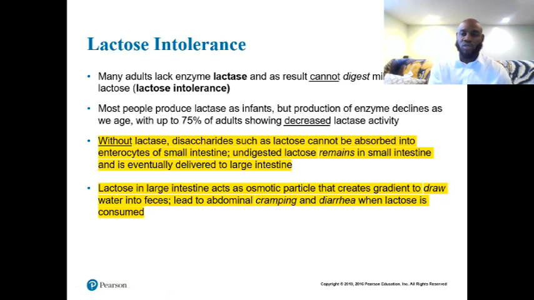Remember, in osmosis, water moves in the direction of the highest concentration of solute. So the lactose in your intestines causes water to move into the intestines to try to dilute it. Therefore, you have more water in your feces, and abdominal cramping and diarrhea. Lactose intolerant.